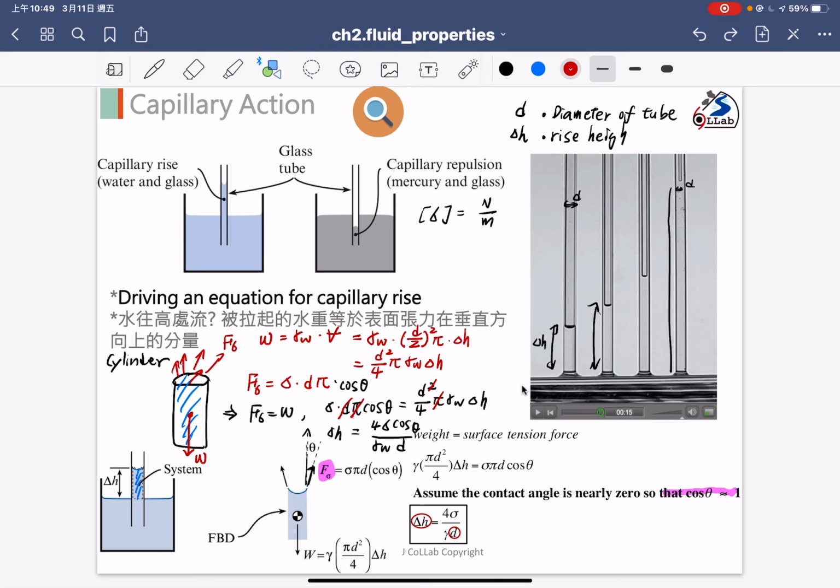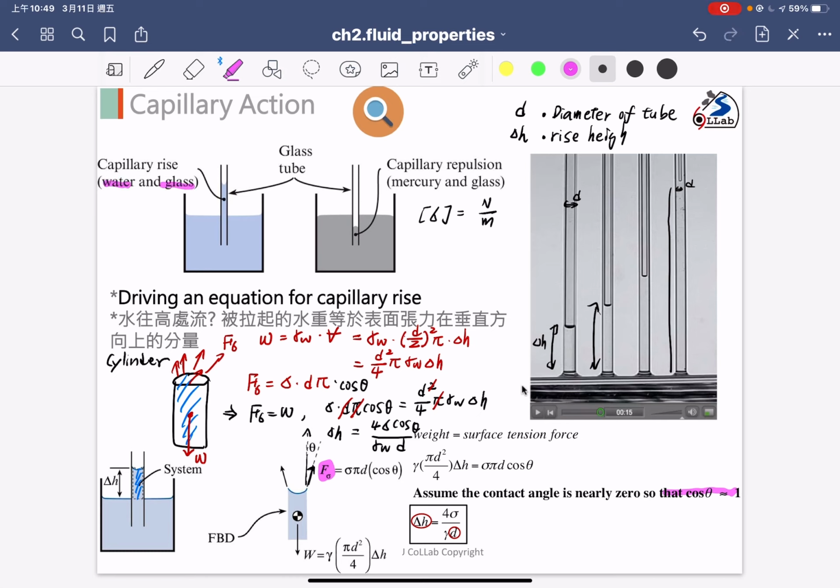You see why the liquid rises: the boundary is between the water and the gas.